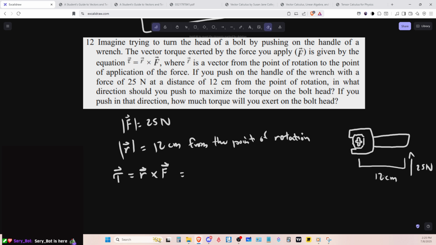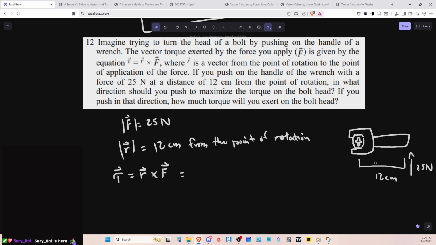So this is the distance from, and I don't think there's anything to be concerned about in the y component, or the j component, I should say. So in what direction you push to maximize the torque? I'm guessing to give more tightness. I think that's why it says maximize the torque, because if you reduce the torque, it's basically making the bolt looser.